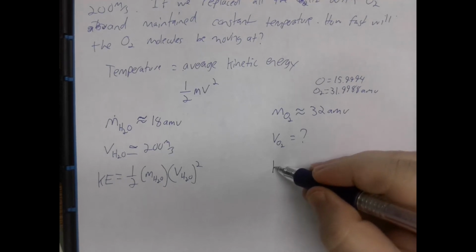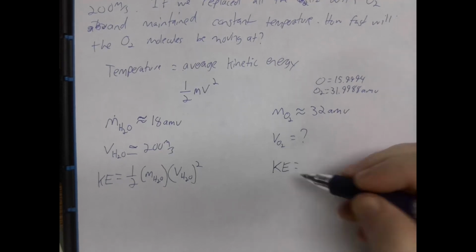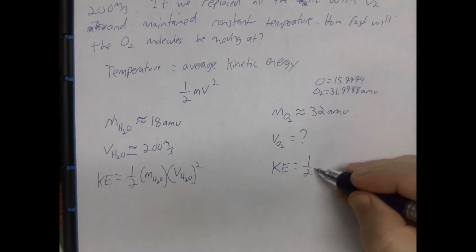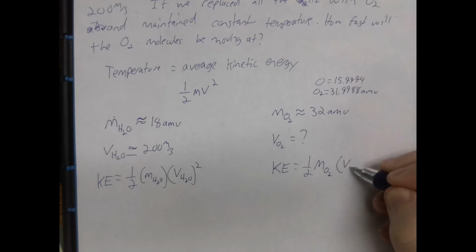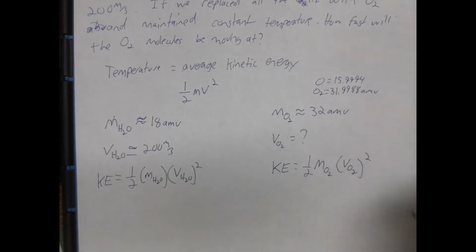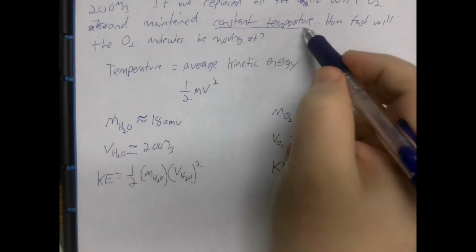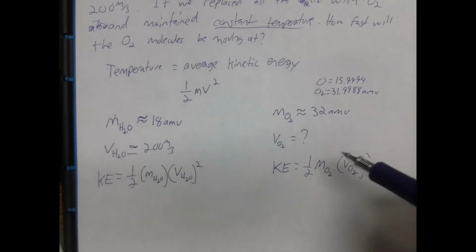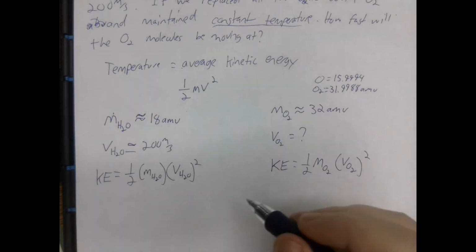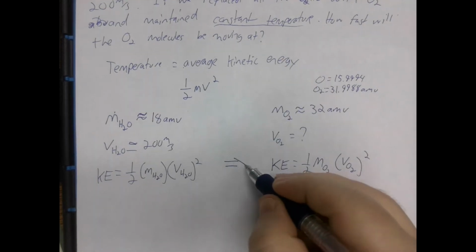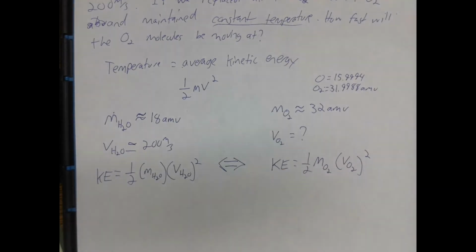So the kinetic energy of them will be 1/2 mass of an O2 molecule times the velocity of an O2 molecule squared. Constant temperature means that the temperature on this side is equal to the temperature of that side. And temperature is just average kinetic energy, so that means these two must be equal.